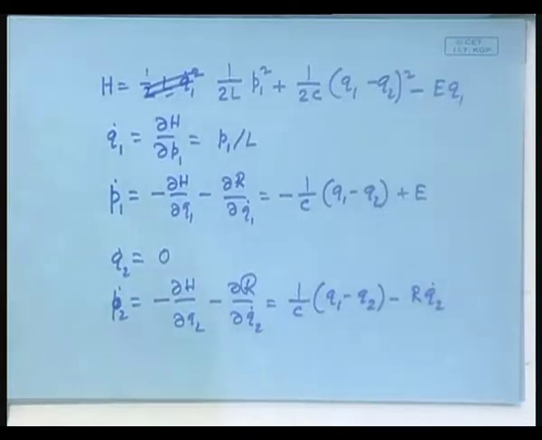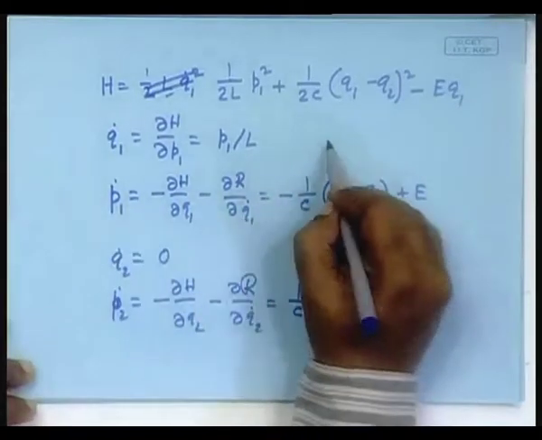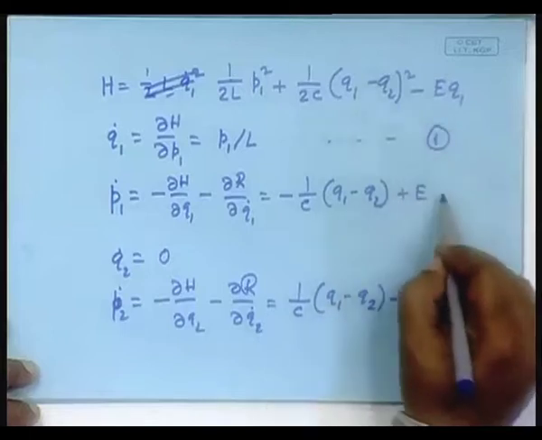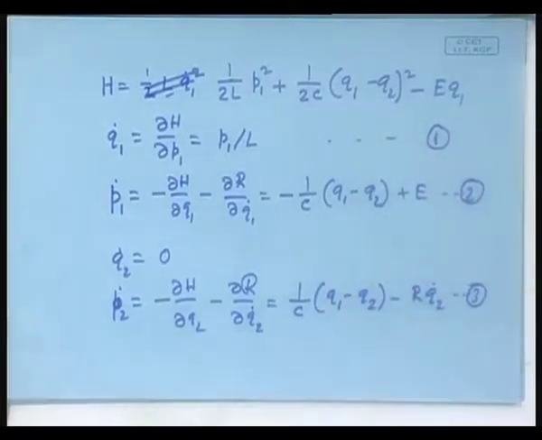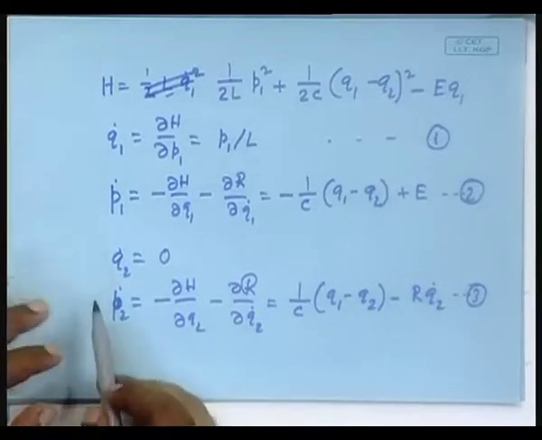So what are the ultimate final equations? It is 1, 2, 3, right, these three are the equations. Wait, I have not yet talked about the Q2 dot thing.